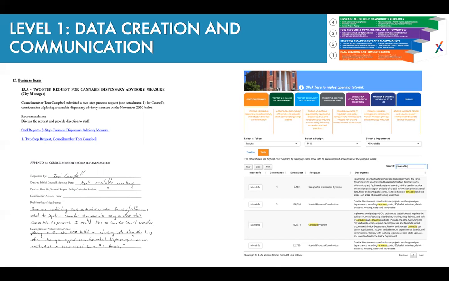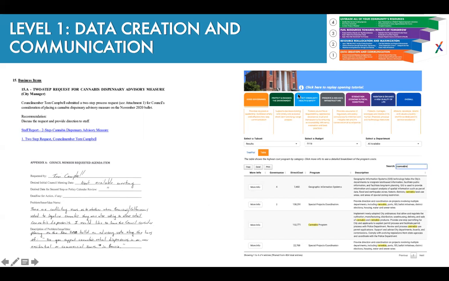They've gotten started nevertheless, and as council starts to ask questions such as, how's it going? Are we recovering our costs on this particular program? What's it costing us to deliver? How many businesses are popping up? They are starting to pull in their priority-based budgeting information to add insight to that council discussion.